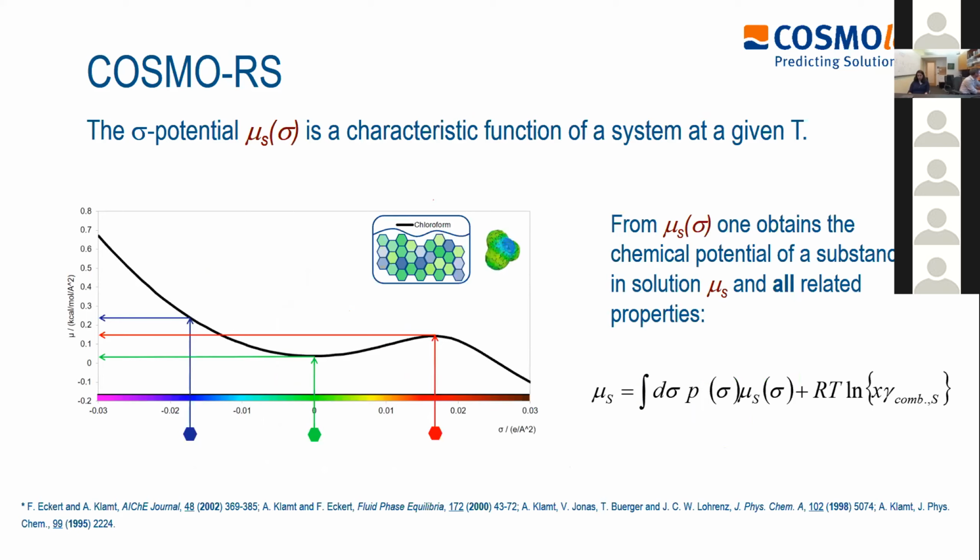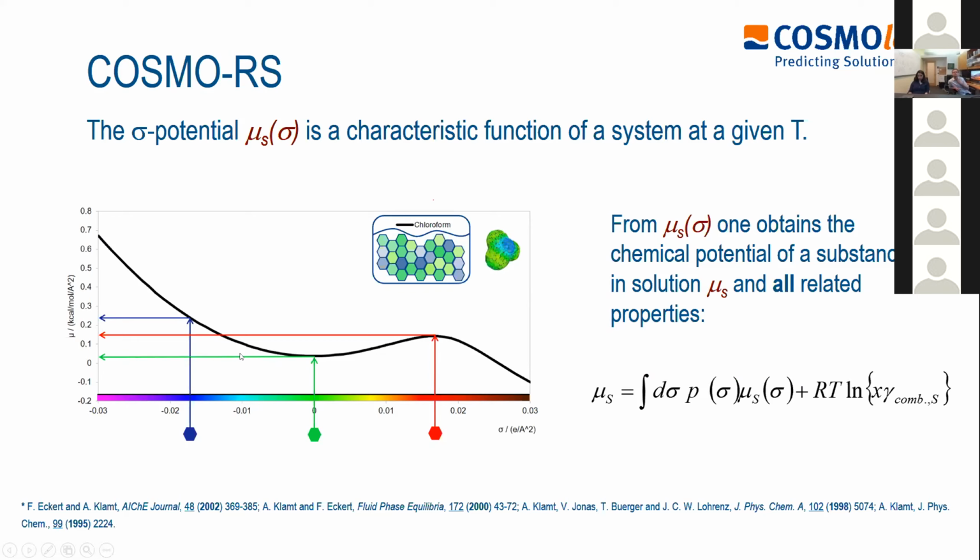But in the end, we want to have numbers, and in particular chemical potentials, to derive properties from it. And an intermediate step is to get the so-called sigma potential, which is a chemical potential as a function of the surface segment charge. And this is shown here on this graph. We have again on the x-axis the charge of this surface segment, and on the y-axis there is now an energy, or chemical potential to be more exact.